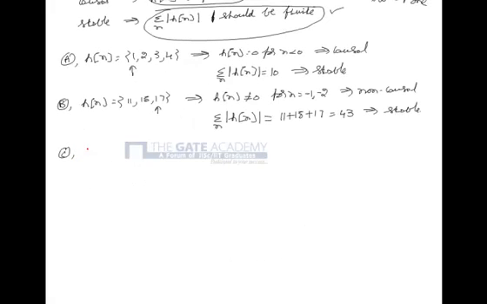As per option C, h of n is equal to cos pi by 6 n u of n. So that implies h of n is equal to 0 for n less than 0. That implies that the system is causal.